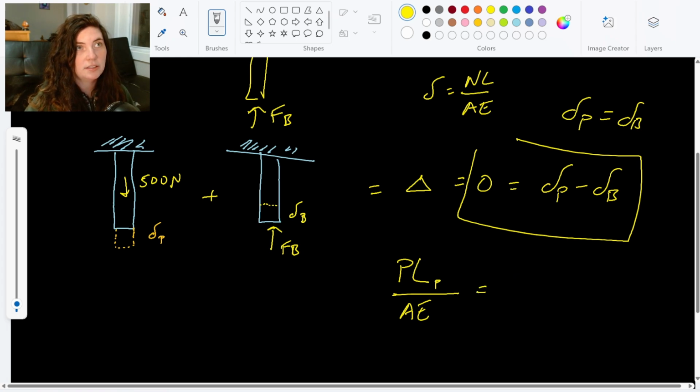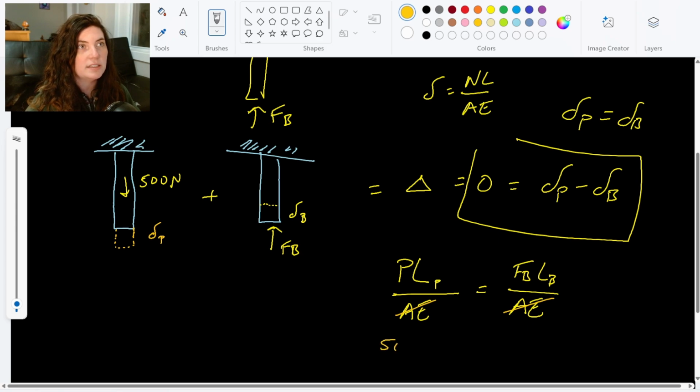So we've got this over AE. And what is that? That's our FB coming from this diagram here. FB times the length B acts over area times modulus of elasticity. So as we multiply this out, our AE terms cancel. We don't actually need them.